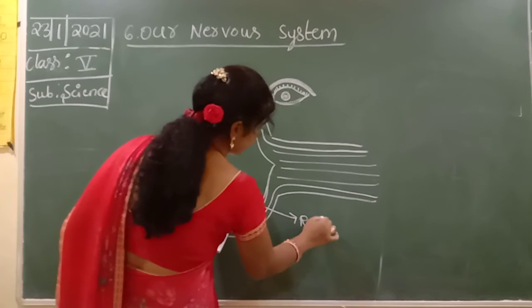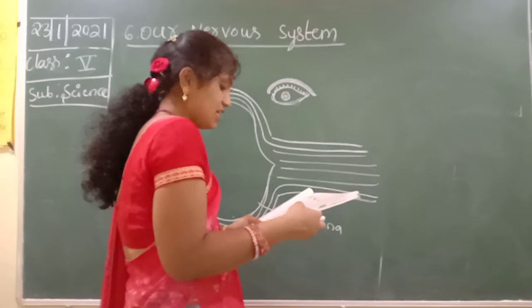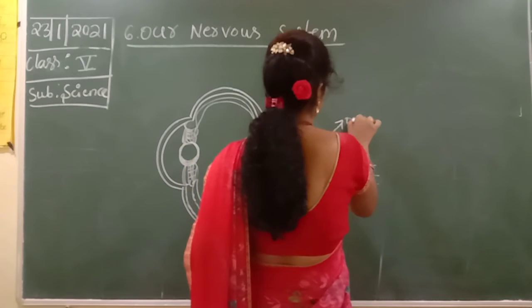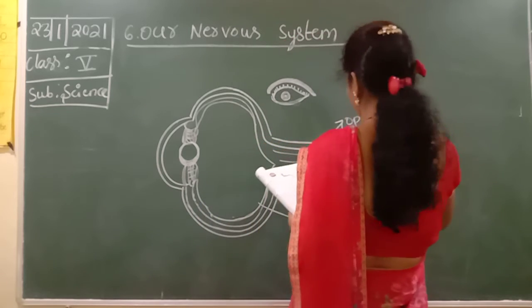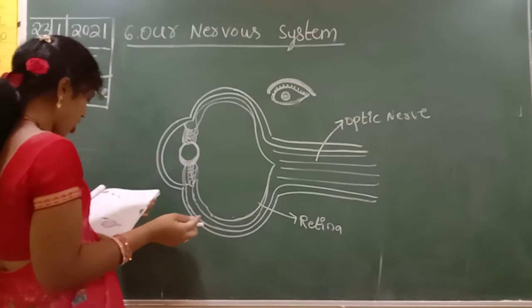Retina. So, inner parts of the eye: the retina, optic nerve. Next, cornea.